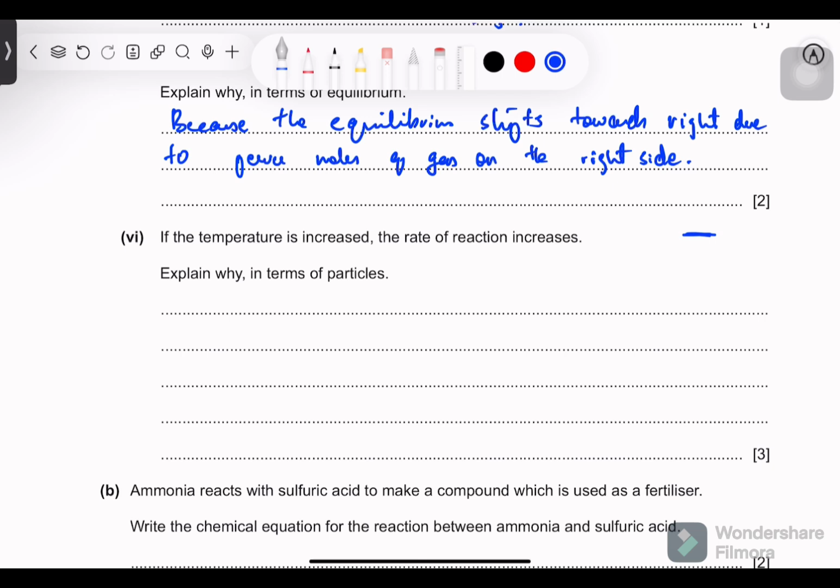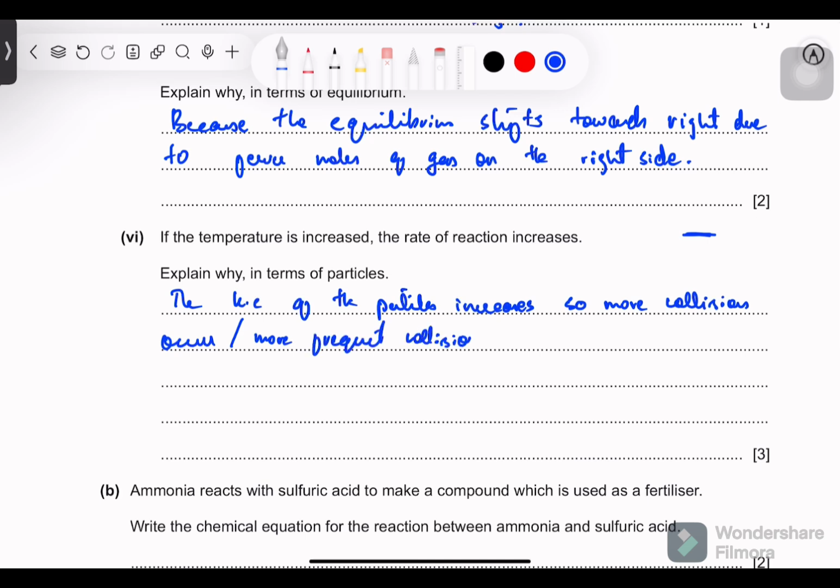So explain why when temperature is increased, the kinetic energy of the particles increases and they move faster, and more collisions occur, or better to write more frequent collisions with respect to time, because frequent means per unit time.